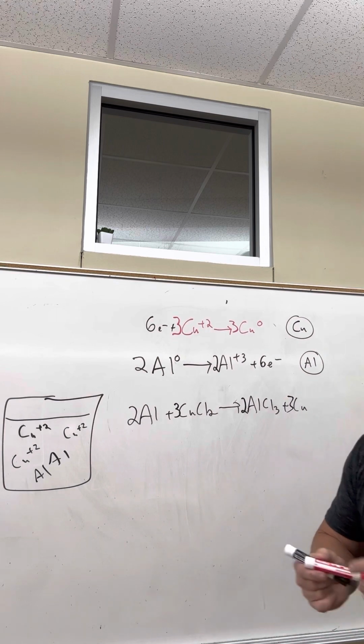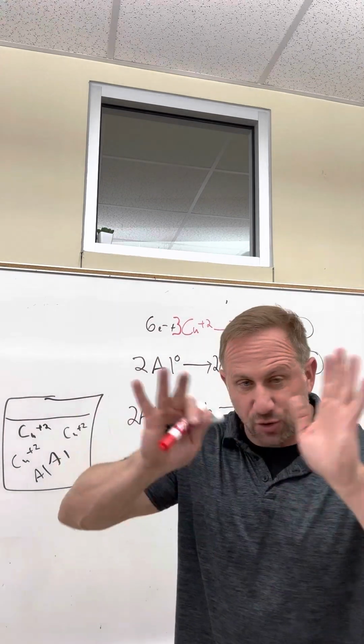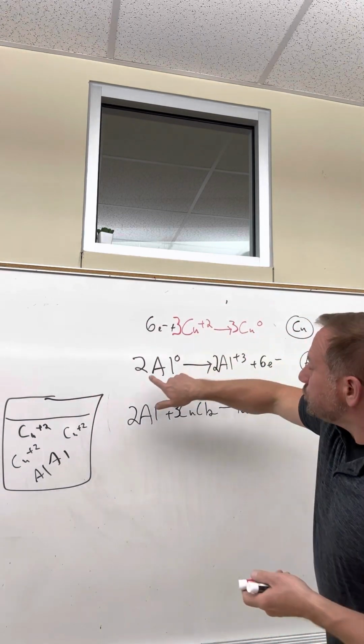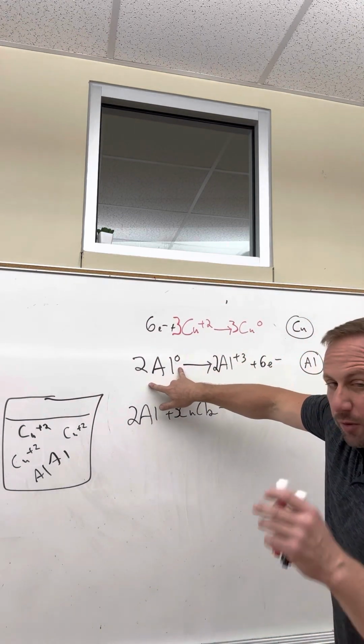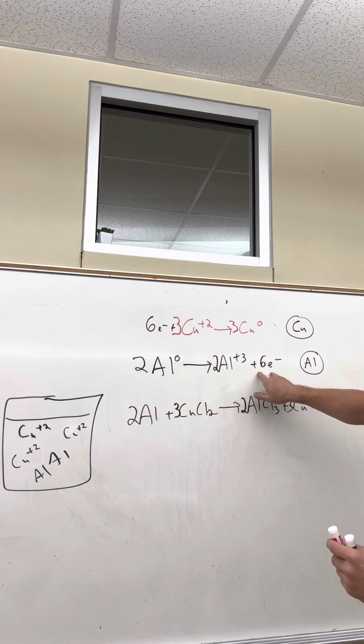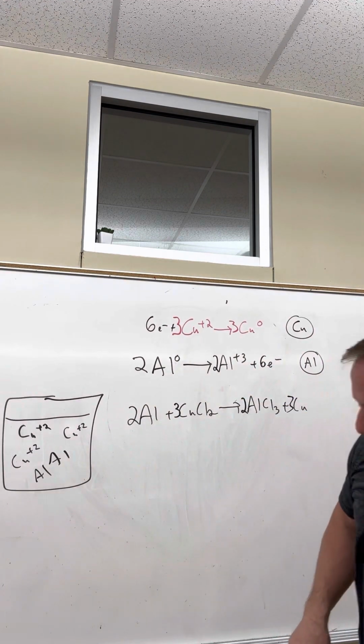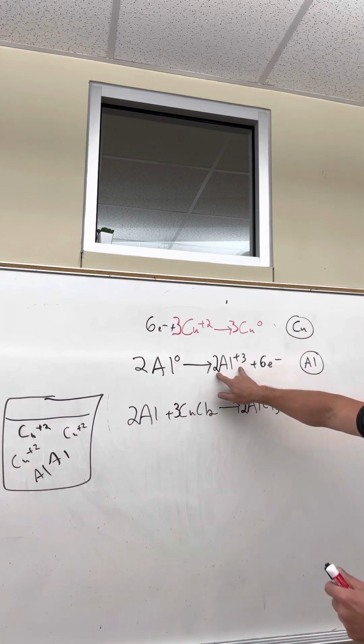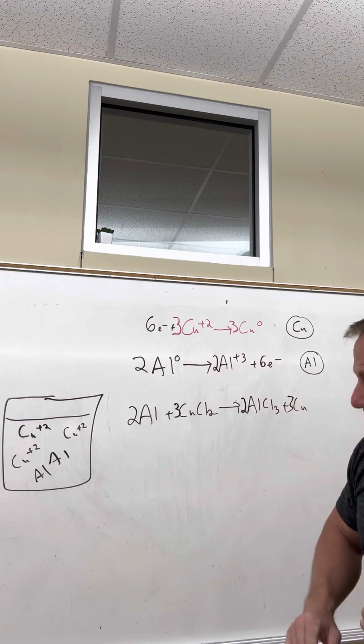Aluminum 0, why 0? Because it has 13 protons, 13 electrons when it just sits by itself. That means it's 0. 2 aluminum metals losing 6 electrons, becoming 2 aluminum positive 3s, 2 aluminum cations.